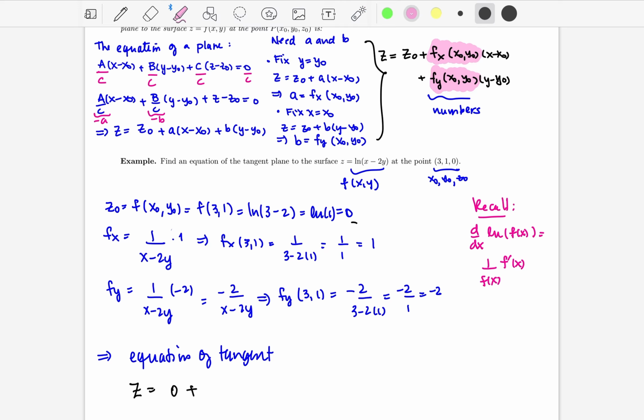So this would be this, right? It's 1. So I get 1 times x minus x naught, but x naught is equal to 3. And then I do the same thing for y. So now I have the partial with respect to y, or in the direction of y. So I get that this is negative 2, and then I get y minus y naught, but y naught is equal to 1.